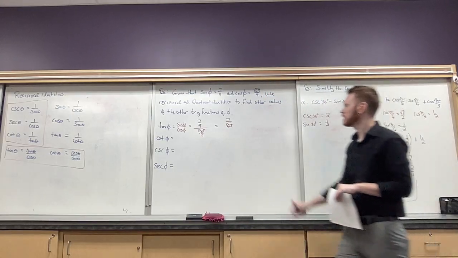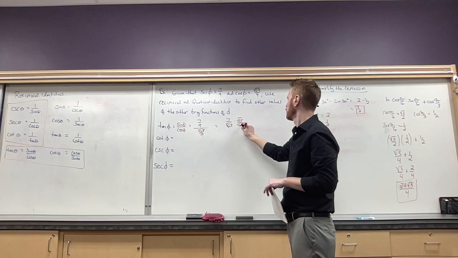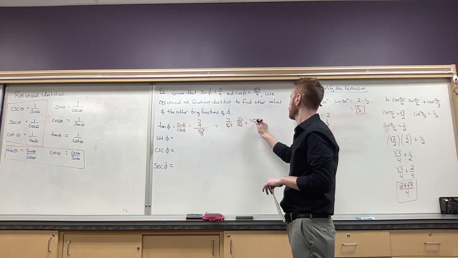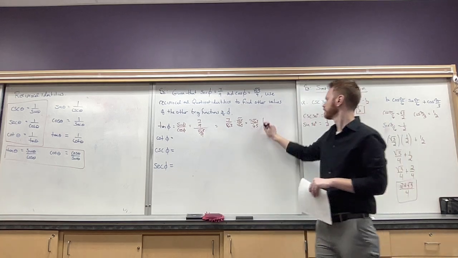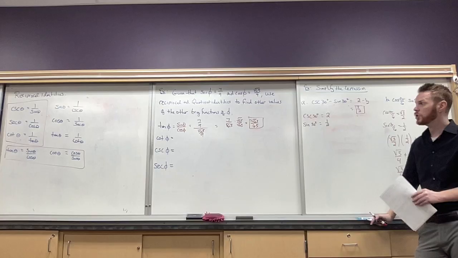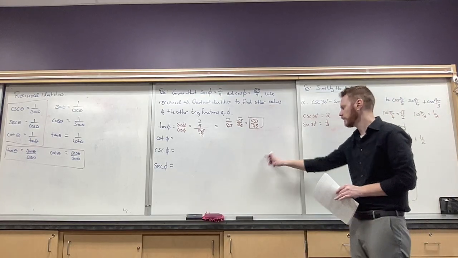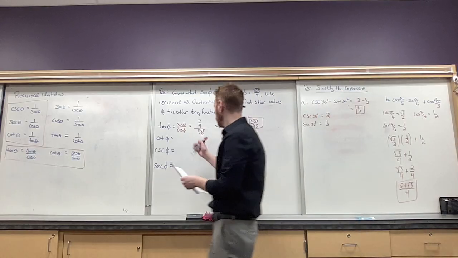I do have to rationalize, so we'll multiply top and bottom. And we get 7 square root of 65 over 65. Now again, knowing that identity, I got to that quicker than drawing that triangle and labeling the sides based on the information.